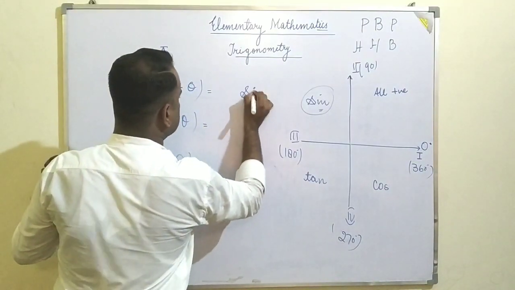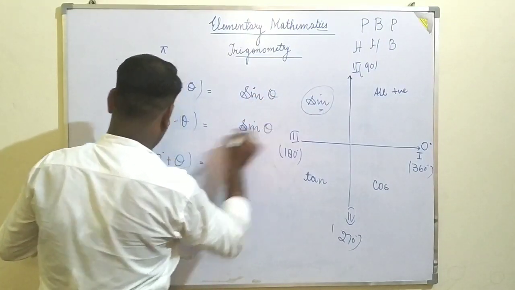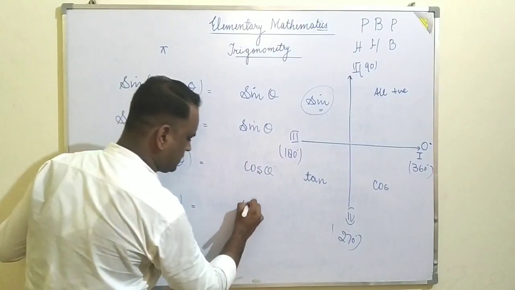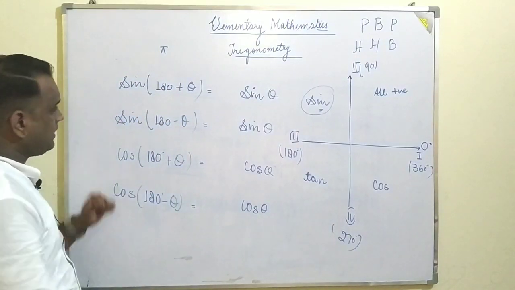So sin becomes sin theta, and cos becomes cos theta. Now just see what their signs will be.